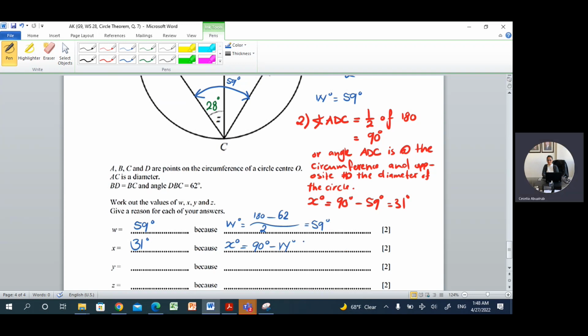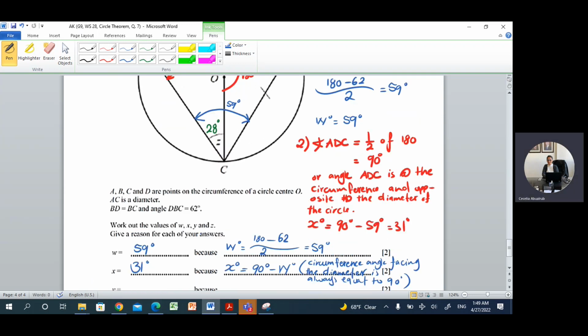We can say the circumference angle facing the diameter is always equal to 90 degrees.